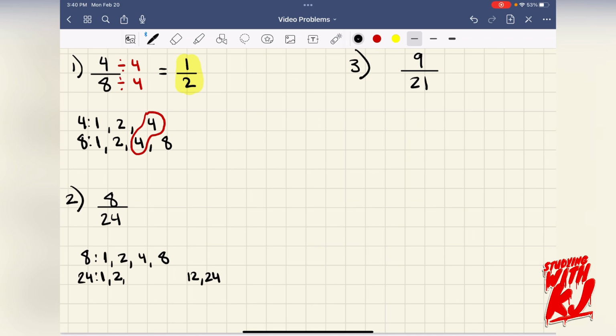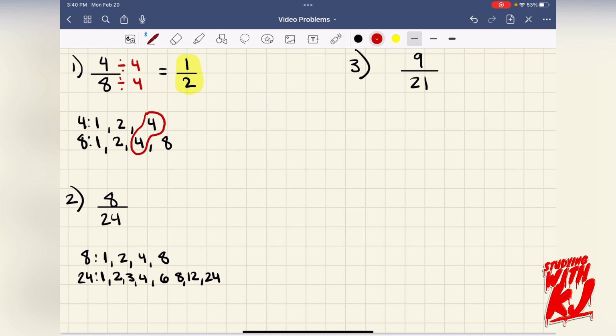Our next two factors are 3 and 8, because 3 times 8 gives you 24. And our last two factors of 24 are 4 and 6, because 4 times 6 gives you 24, and all of these can be evenly divided into 24.